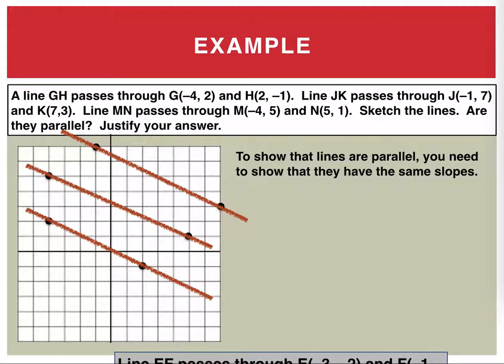So first, I do the slope of GH. Remember that the equation for slope is y2 minus y1 over x2 minus x1.